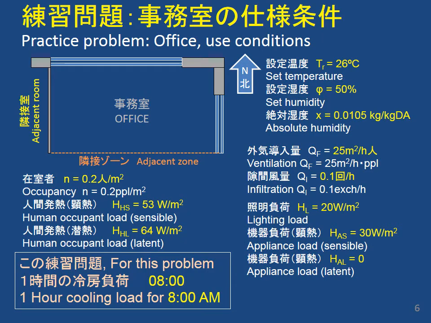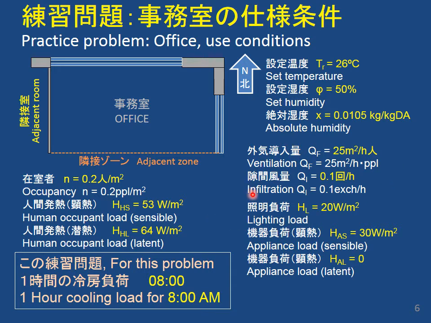And the set conditions for this problem. The room temperature of this office will be set to 26 degrees at 50% humidity. If you check on the psychrometric chart, the absolute humidity is here. For this problem, we have 0.2 people per square meter in the office space.